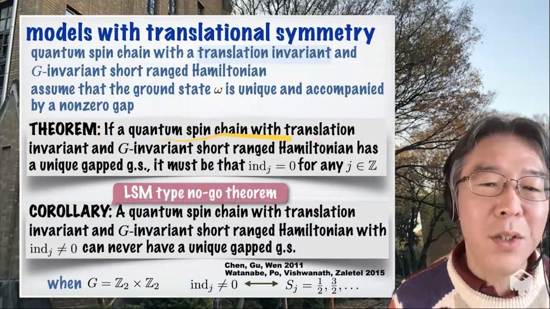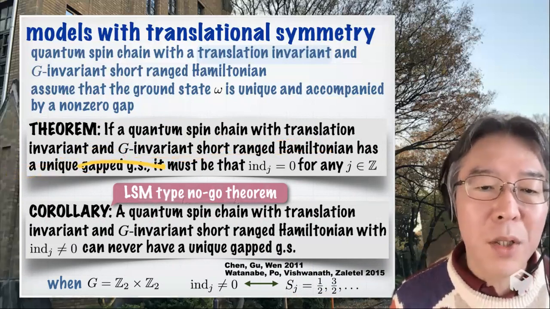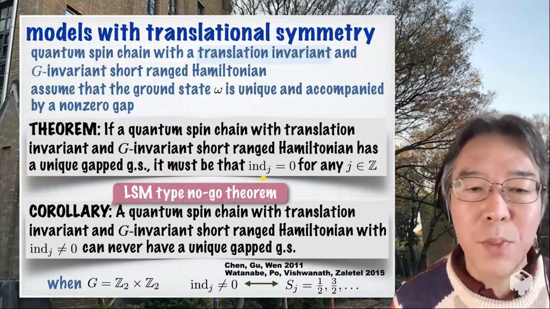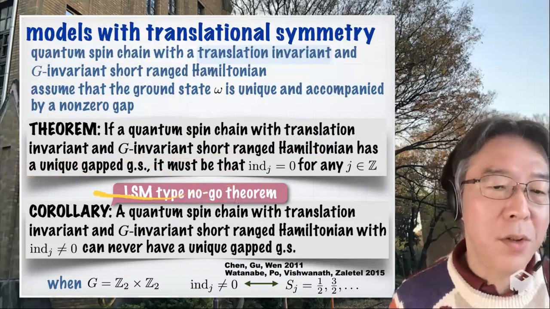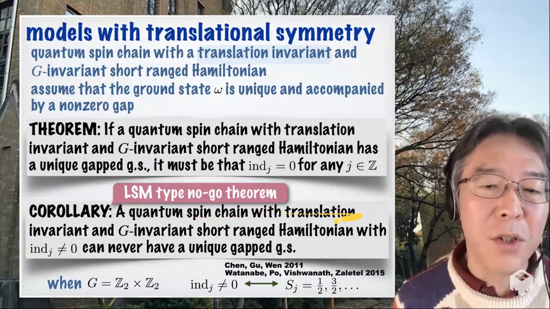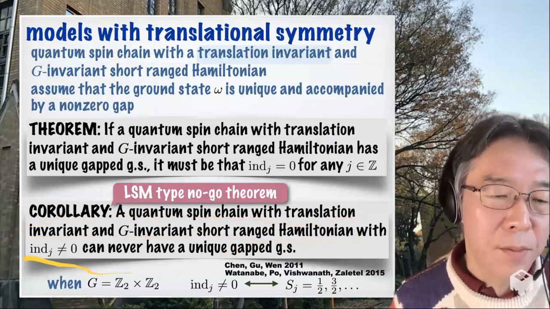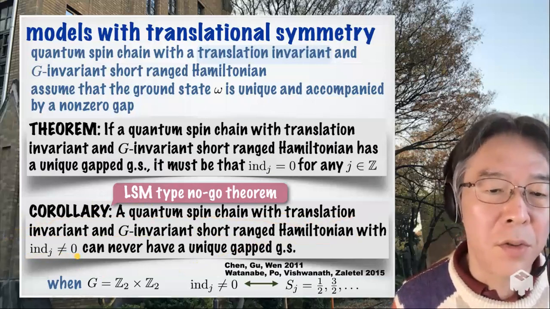If a quantum spin chain with translation invariant and G-invariant short-range Hamiltonian has a unique gapped ground state, then the spin index must be 0. Now you can take the contraposition to get a Lieb-Schultz-Mattis type no-go theorem. A quantum spin chain with translation invariant and G-invariant short-range Hamiltonian with non-zero spin index can never have a unique gapped ground state. This is a no-go theorem.